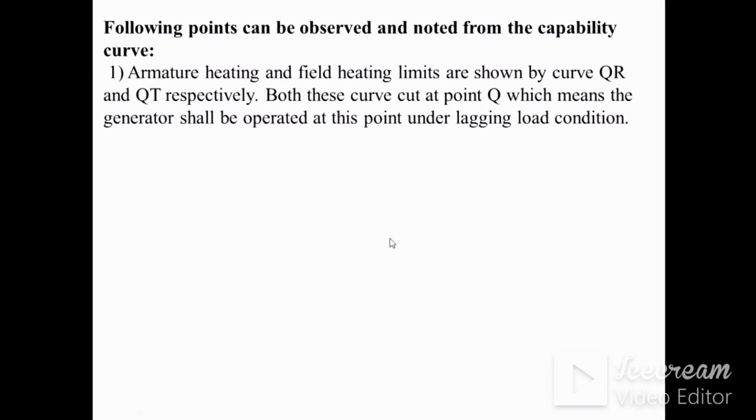First one is the armature heating and the field heating limit, shown in the curves QR and QT respectively. Both these curves cut at the point Q, which means the generator shall be operated at this point under lagging load conditions only.